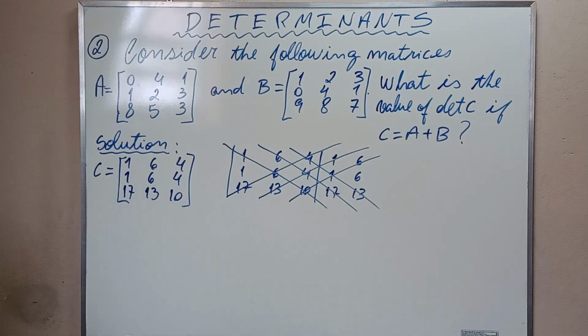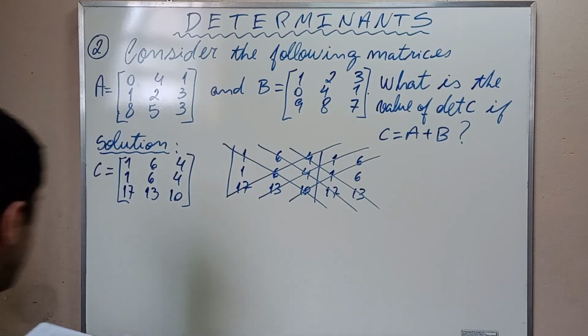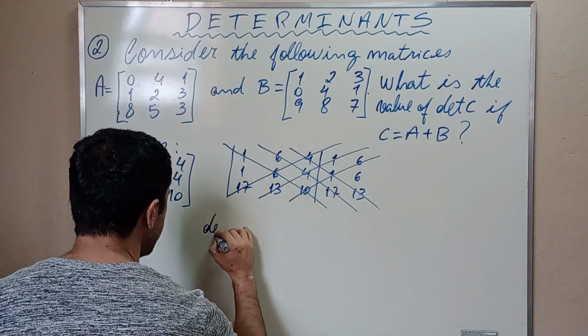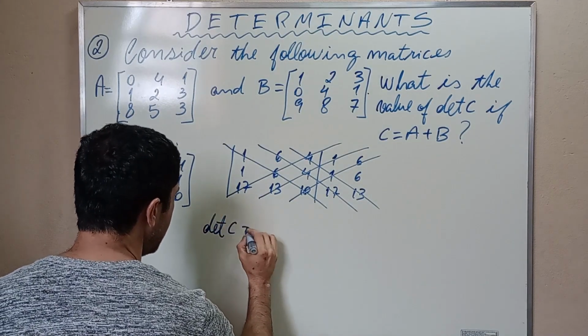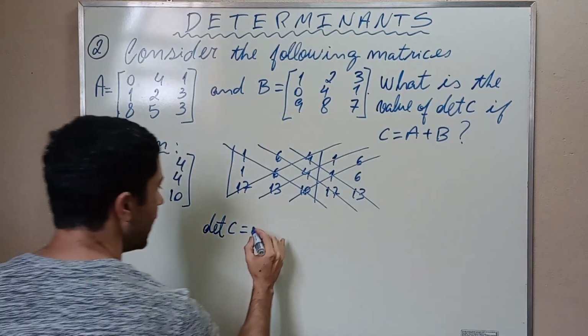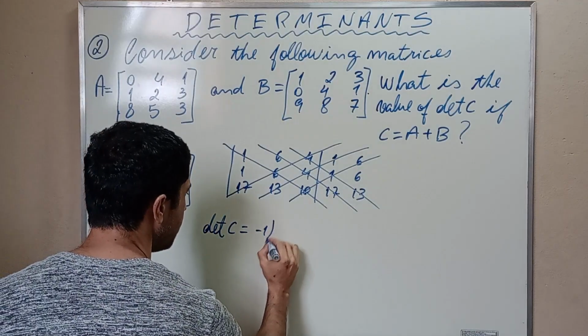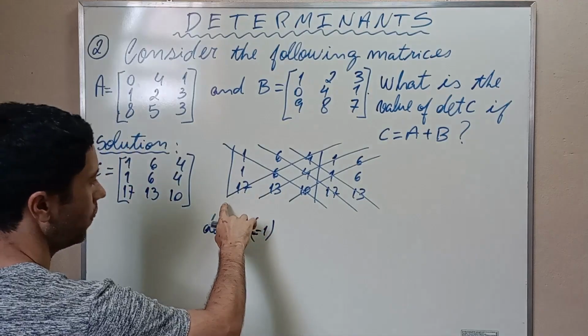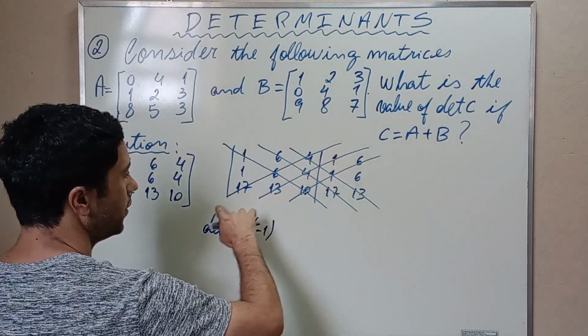In the rule of Sarrus, the product of the entries of the secondary diagonals are multiplied by -1. For the main diagonals, it is not. Then the determinant of C is equal to -1 times this product here.